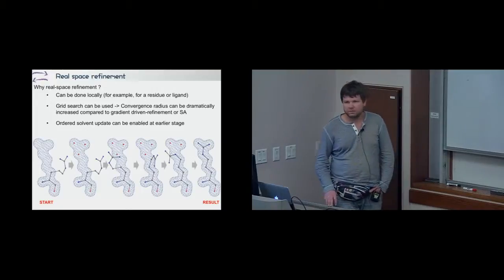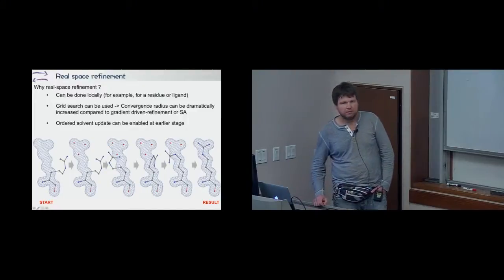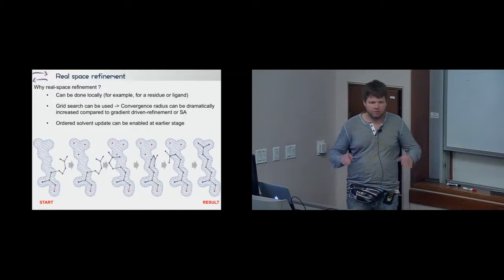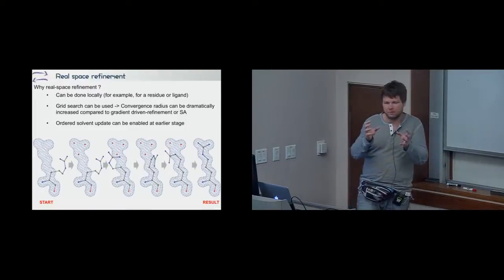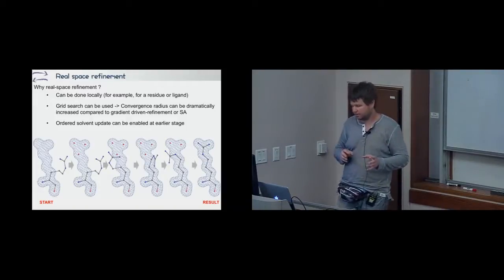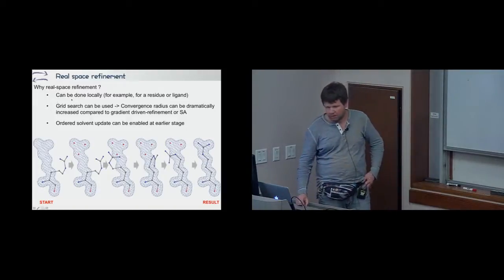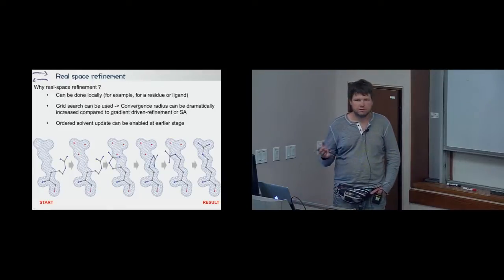So what's good about real space refinement? Just fundamentally, one very good thing is that it can be done locally. Imagine you refine a huge ribosome structure. You change something. You don't want to refine the whole thing again. You can just do it in a little box around the area you're interested in, and you can do box by box. You can do it locally, and that means very quickly. You can also do grid searches, which means you can extend the convergence radius.